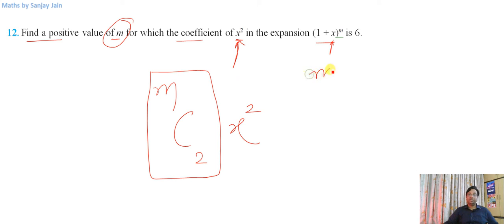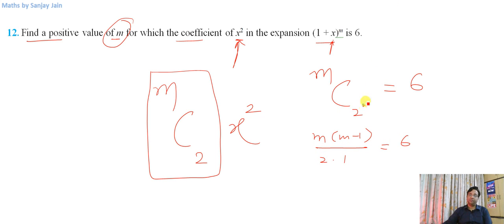So for mc2 to be equal to 6, what should be m? m should be equal to 4. Why? Because this will be m into m minus 1 by 2 into 1 equals 6. Otherwise also we know m will be 4 for it to be 6. We have memorized these because this will be 4 into 3 by 2 into 1.